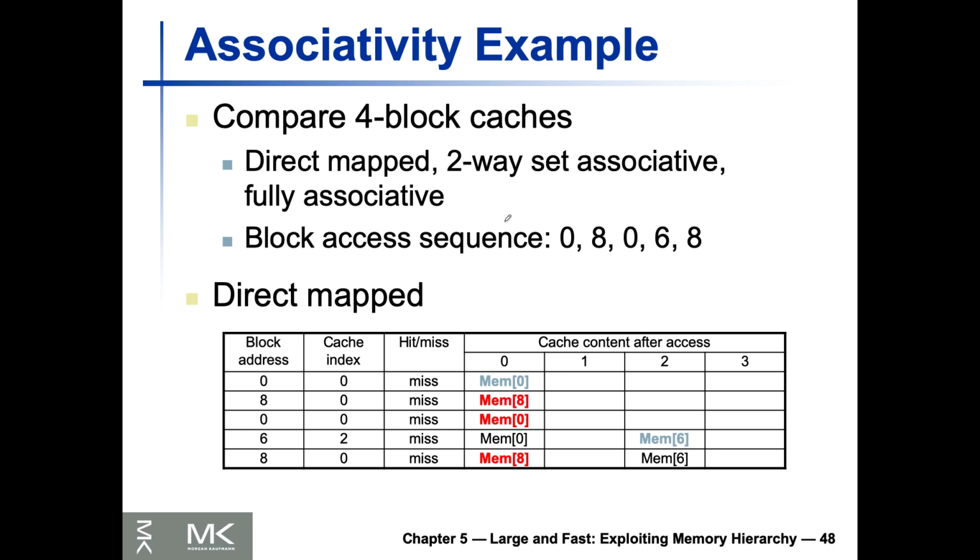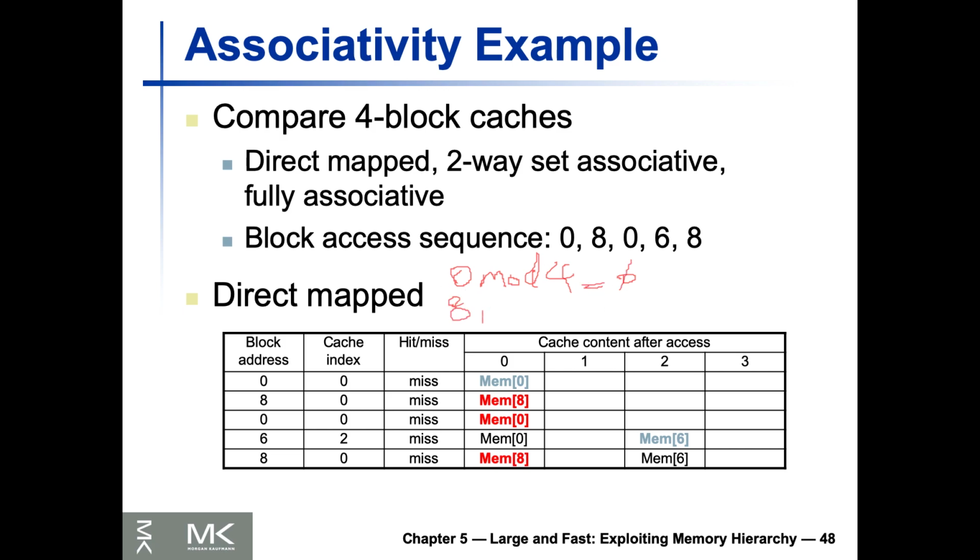Recall that in order to access the block in a direct map, we just take the block number mod the number of blocks. The first one would be 0 mod 4, which is 0.